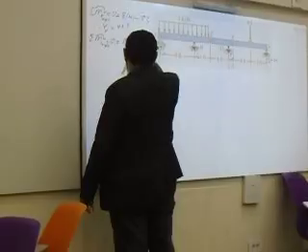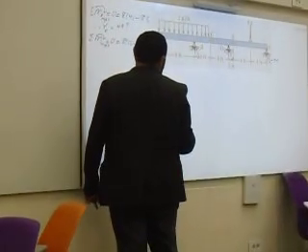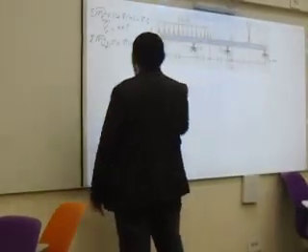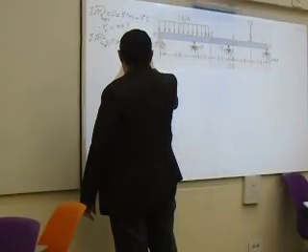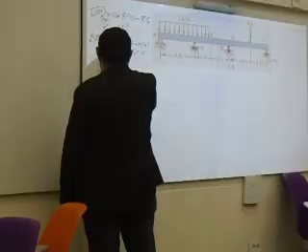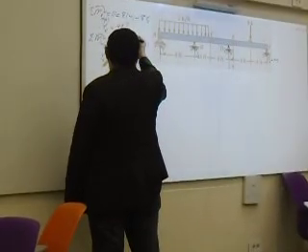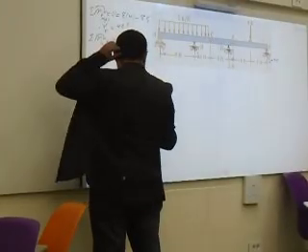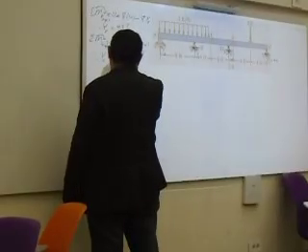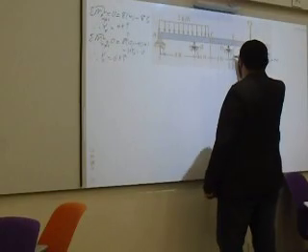So minus 4 times 14, minus 4 times YD, all of this equals 0. Therefore, YD equals 20 minus 14, which is equal to 6 kips up. So this is 6 kips.